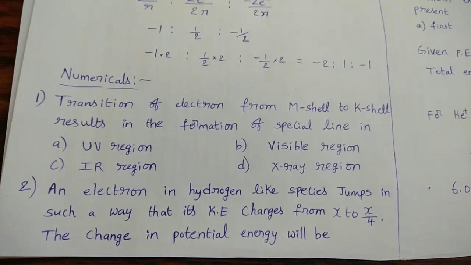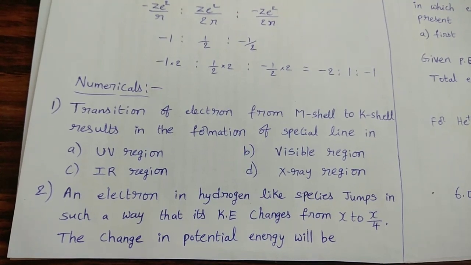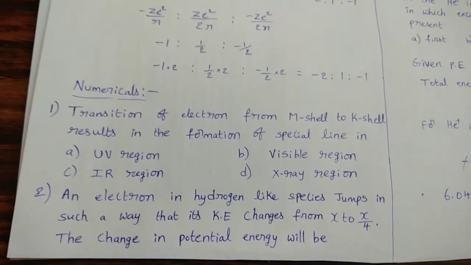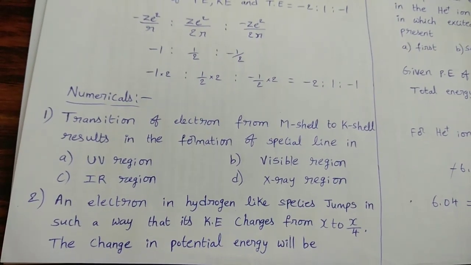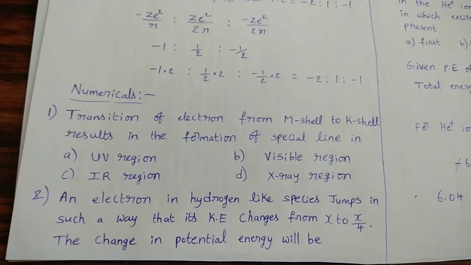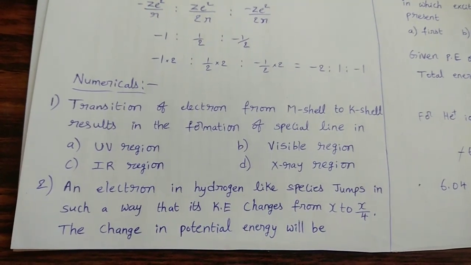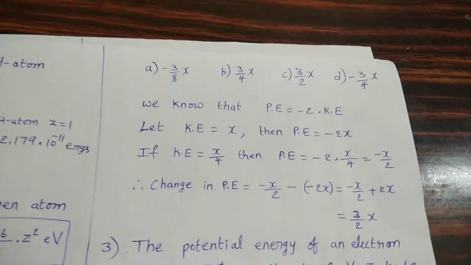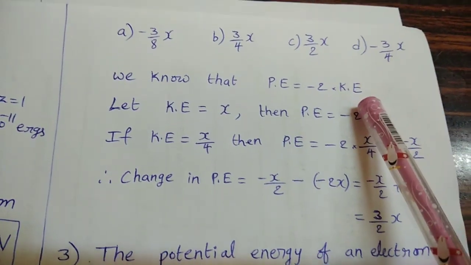Next, an electron in hydrogen-like species jumps in such a way that its kinetic energy changes from x to x by 4. The change in potential energy will be, okay, kinetic energy changes from x to x by 4 when electron jumping transition takes place. Then what is the change in potential energy? So for that, see this, we know that potential energy equal to minus 2 into KE.